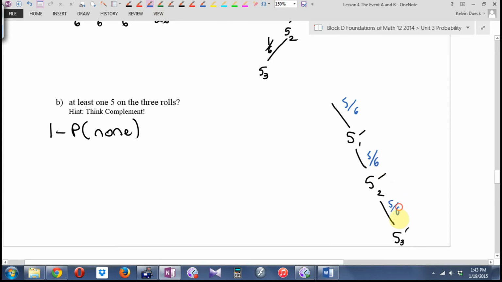5 out of 6, 5 out of 6. Okay? So, what's the probability of none? 5 out of 6. Can I just go cubed? What's the probability of at least 1? 1 minus that. Which is what?